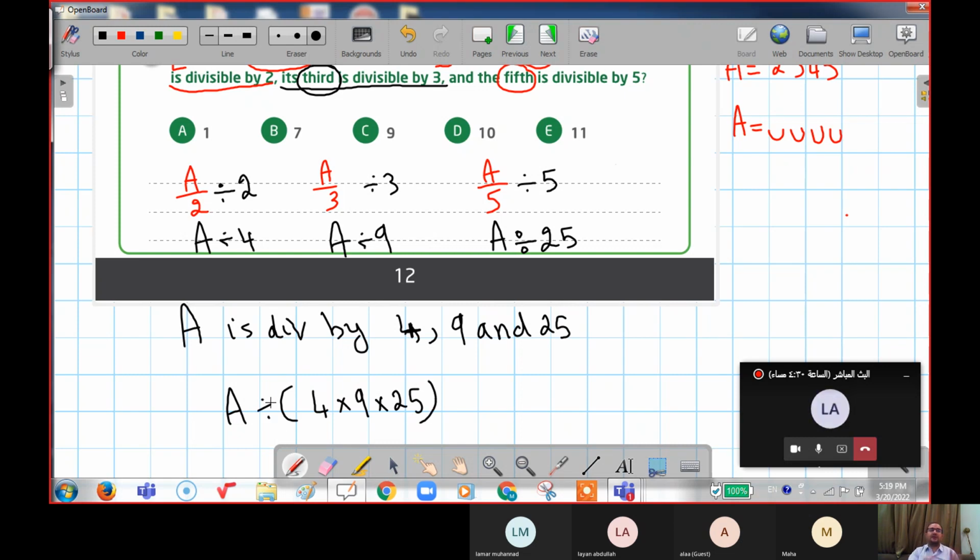The rule says if the number is divisible by 2 and 3, it must be divisible by 2 times 3. So now A must be divisible by 4 times 9 times 25, which is equal to 900.